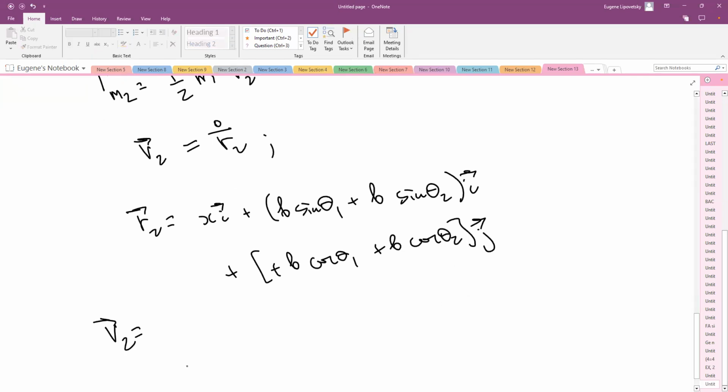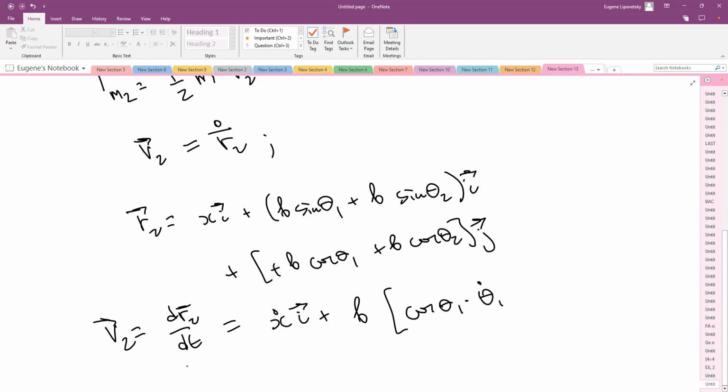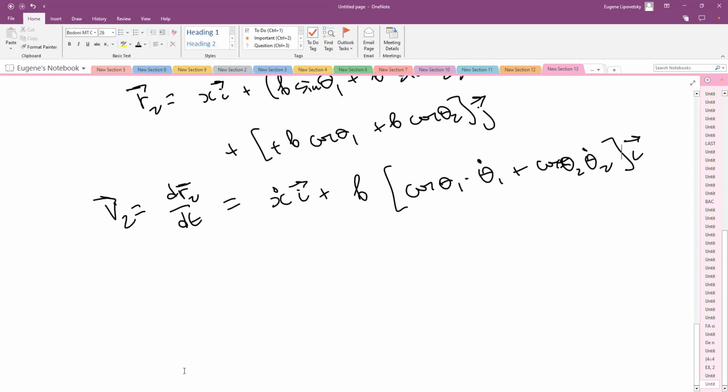V2 equals dr2 over dt, and that's going to be x dot i plus b, in parentheses, cosine of theta 1 times theta 1 dot plus cosine of theta 2 dot times i, minus b sine of theta 1 times theta 1 dot plus sine of theta 2 times theta 2 dot.